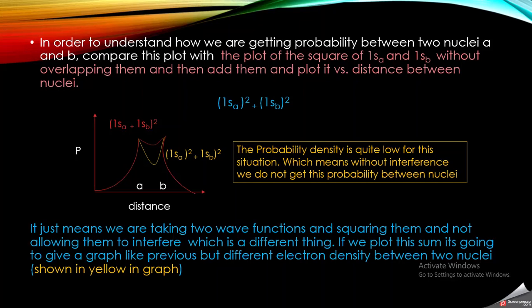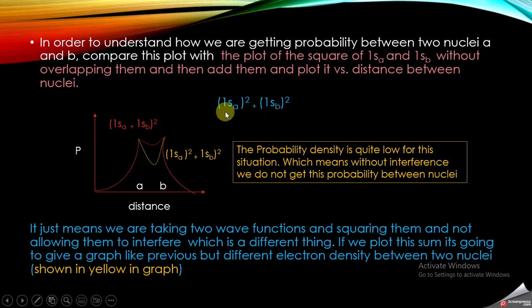In order to understand how we are getting the probability density between two nuclei A and B, let's compare this plot with the plot of the square of 1sA and 1sB without overlapping them, and then add them and plot it versus distance. So we do not allow the constructive interference between 1sA and 1sB.